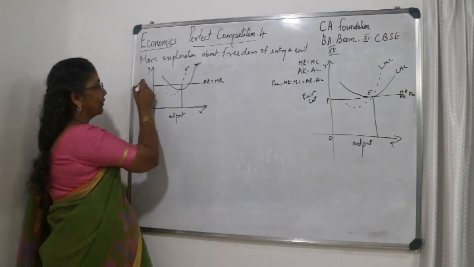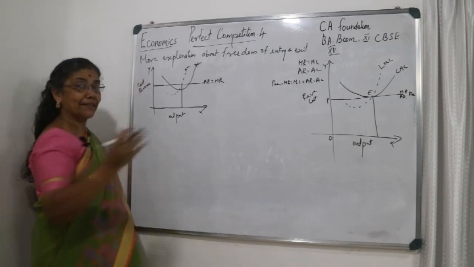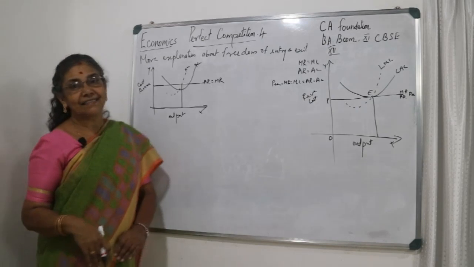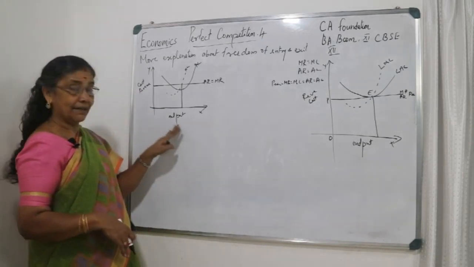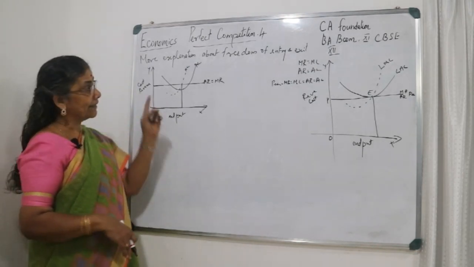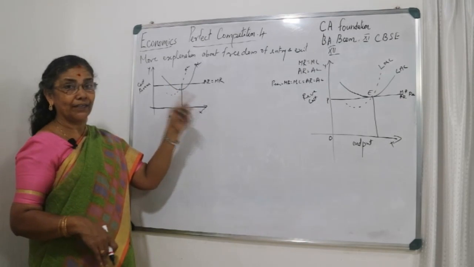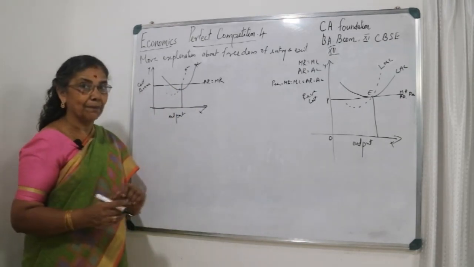So here you can see cost and revenue. Not always like that. In demand and supply it will change: on the x-axis quantity will come, and on the y-axis price will come. But in revenue and cost curves, what we are drawing here, the same thing will come on the y-axis. So that is an easy thing you have to remember.